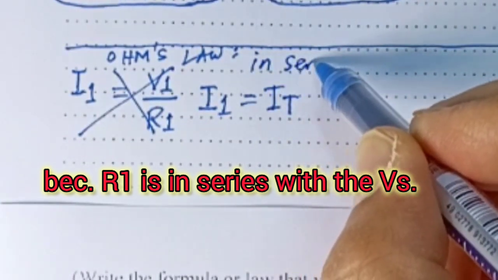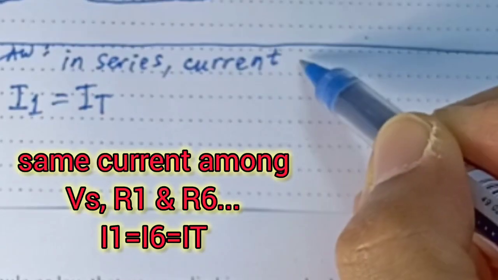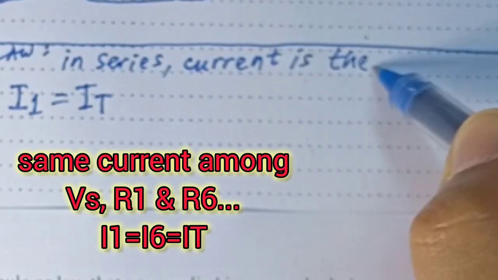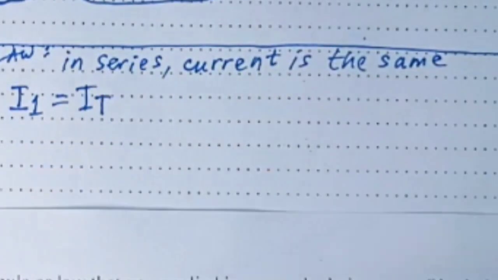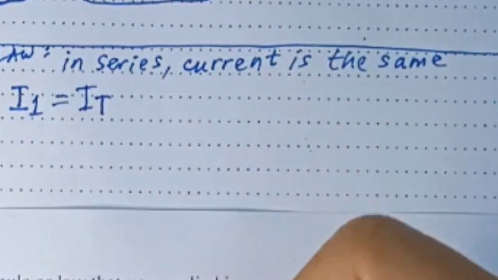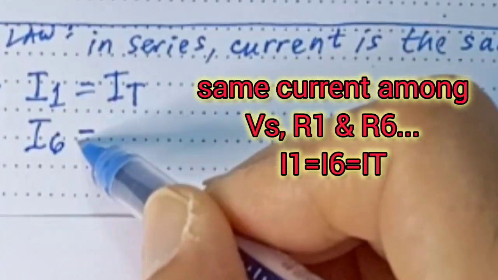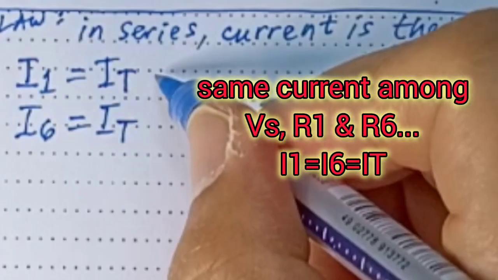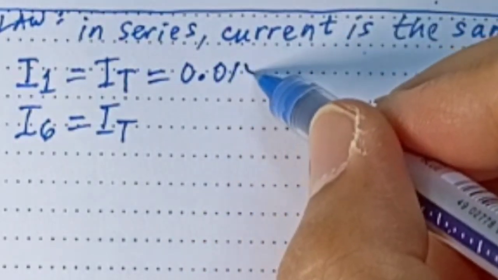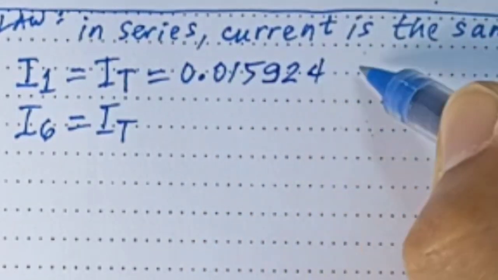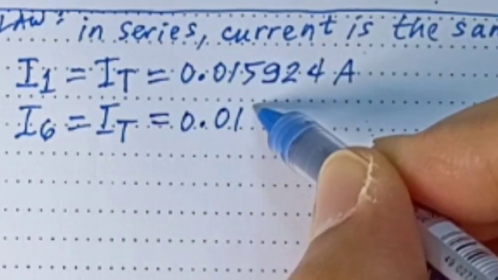So in series, current is the same for all of the resistors. And we can also say that the current that will pass through the R6, which is I6, will be also equal to the I total. So I'll just write here 0.015924 amperes. Also with I6, I'll write it as the same current.